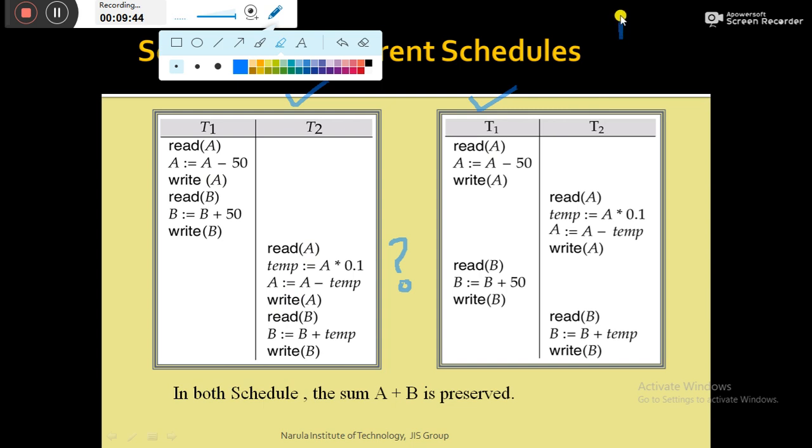Suppose this is the database, A. Suppose 100 rupees is there. B is here, and suppose these are the hard disks. B is 200, and this is in the hard disk.